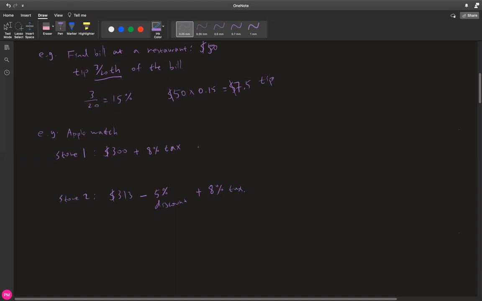Let's do some calculations. So if you have $300 for the Apple Watch itself and 8% tax, how much is the tax here? To find the tax, you're simply multiplying the total price by the 8%. Make sure you put this in decimal, so multiply 0.08.